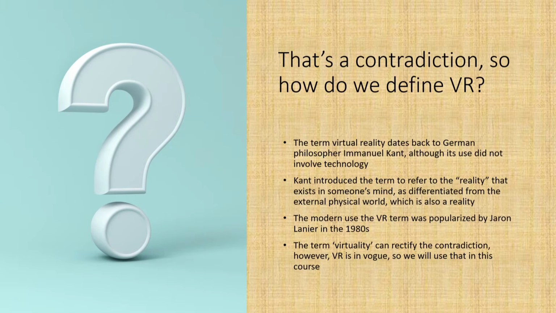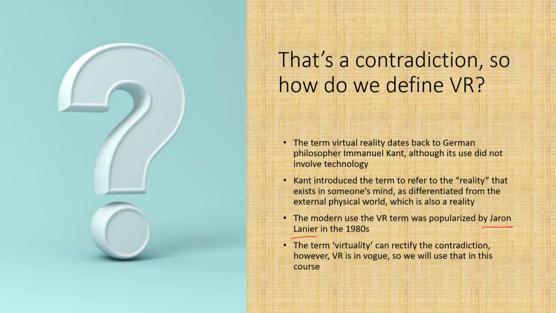So, this term is actually quite old. It dates back to the German philosopher Immanuel Kant, although its use did not involve technology. Kant introduced the term to refer to the reality that exists in someone's mind, as differentiated from the external physical world, which is also a reality. The modern use of the VR term was popularized by Jaron Lanier in the 1980s.